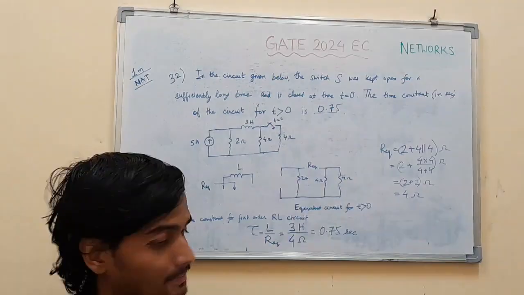Similarly, Y12, the coefficient of V2 in the equation of I1, is minus half, or minus 0.5 siemens. Y21, the coefficient of V1 in the equation of I2, is 3 by 2 or 1.5, and Y22, the coefficient of V2 in the equation of I2, is 3 by 4 or 0.75. So the Y parameters obtained are 0.5, minus 0.5, 1.5 and 0.75.